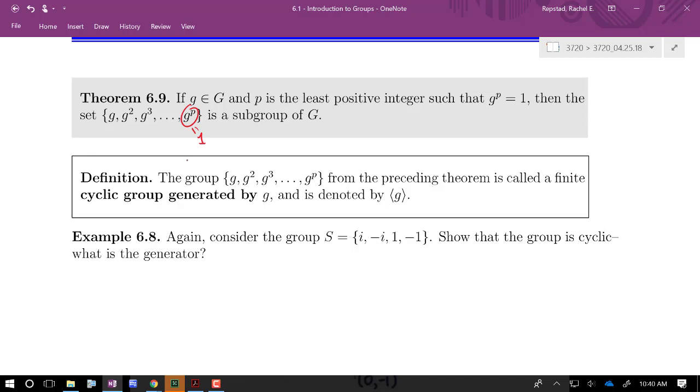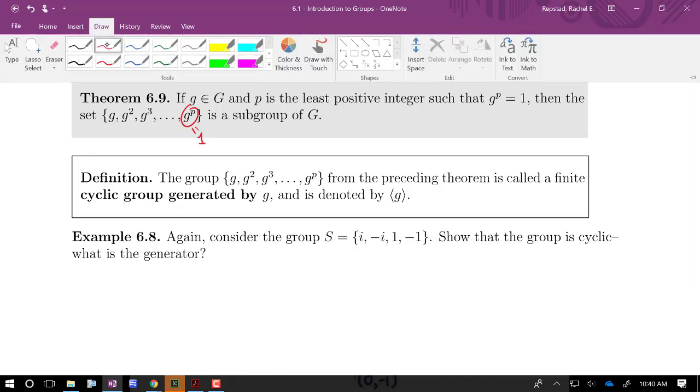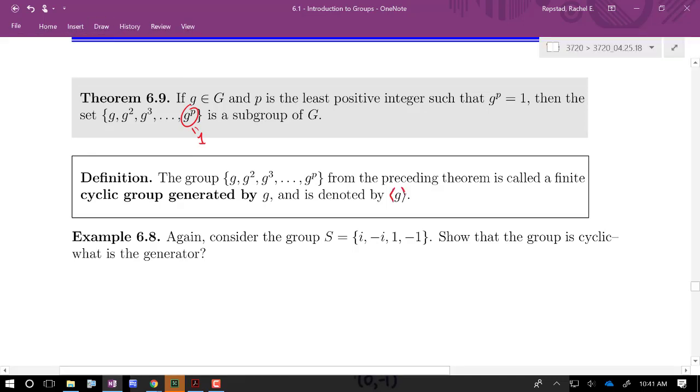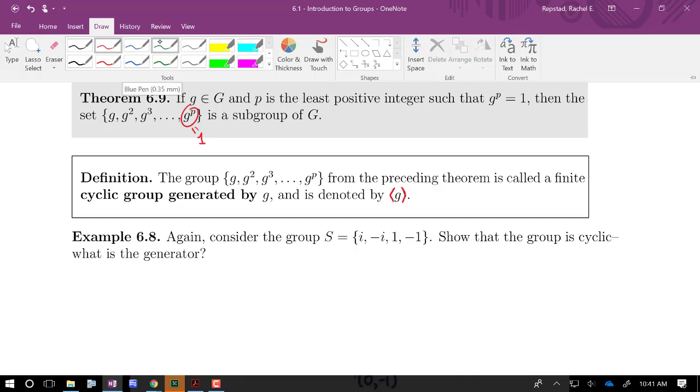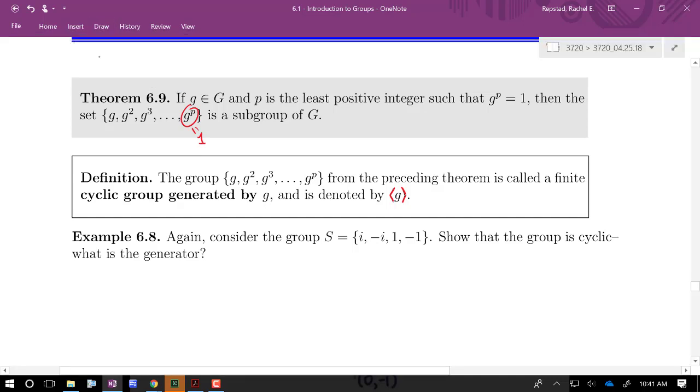So when you see the angle brackets around an element, we're talking about just taking an element G and smashing it together with itself over and over again and seeing the distinct values that we get. And as we observed a little bit last class, this is cyclic in nature.